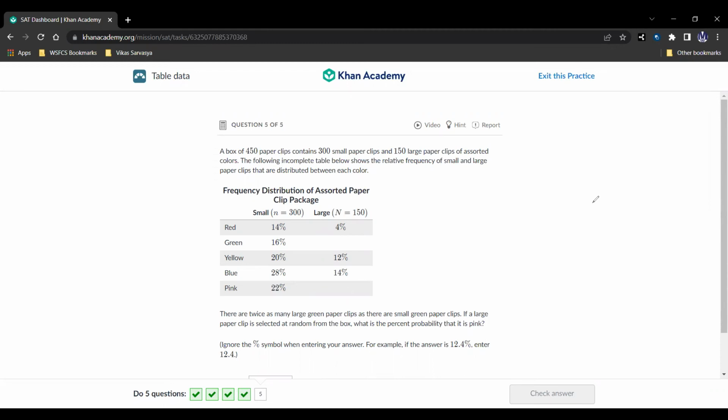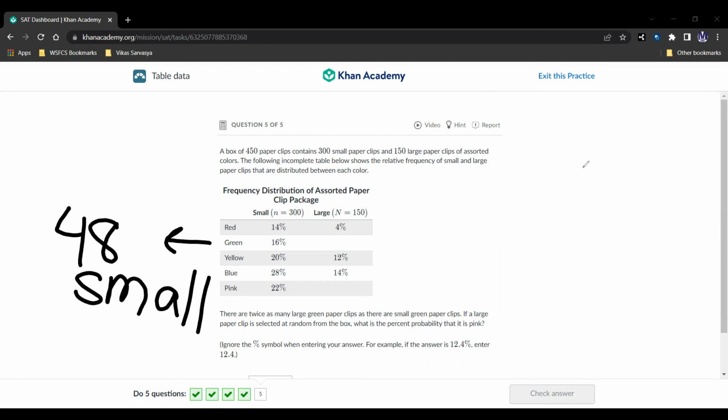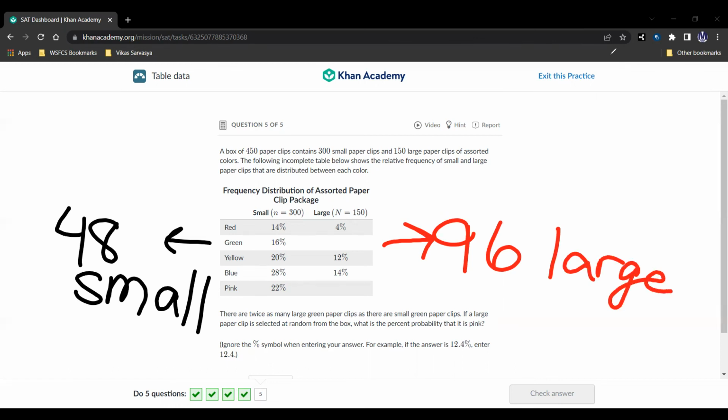So we're told that 16% of the small paper clips are green. So that's going to be 48 small. And there are twice as many large green paper clips as there are small green paper clips. So that's going to be 96, or 48 times 2, 96 large. So then what do we do?